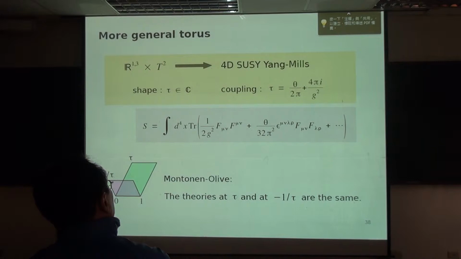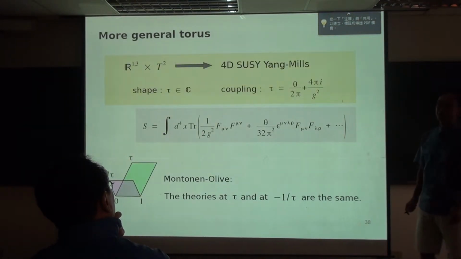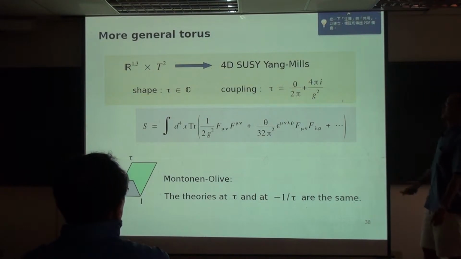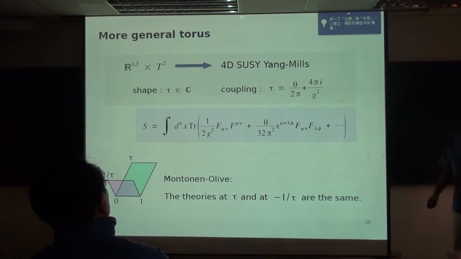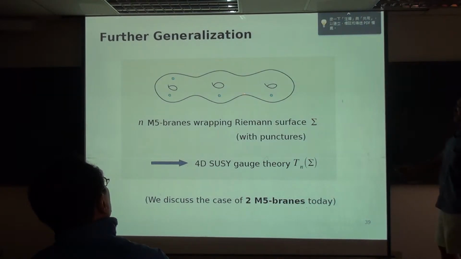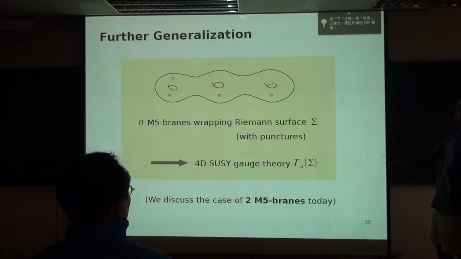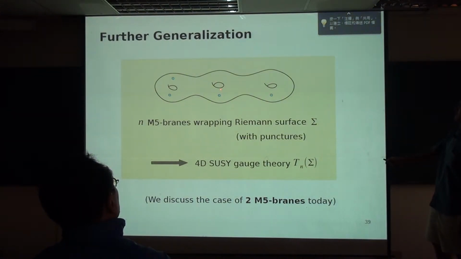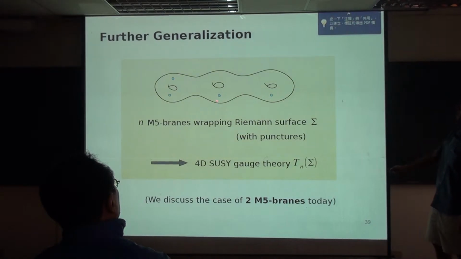Right. So far we have been talking about the compactification on a torus, and then we get N=4 supersymmetric gauge theory. It can be generalized by replacing a two-dimensional torus by a more general Riemann surface, possibly with punctures. This figure shows a Riemann surface with 3 handles, genus 3, and 4 punctures.